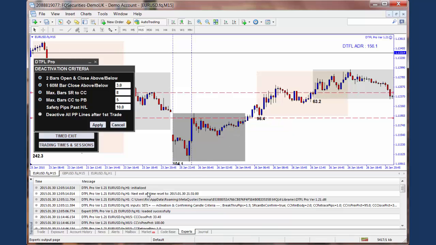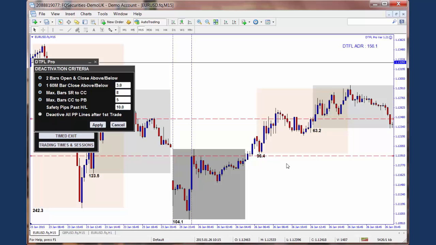You have a look in this experts tab. You push the terminal button, then you go to the experts tab. You're looking here, it'll be an entry in here saying that the PP line was invalid and it will not be used. So you'll know that's why it's not been drawn. So that is the first instance where a PP line could be deactivated.